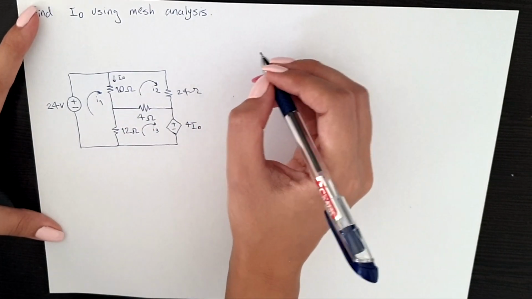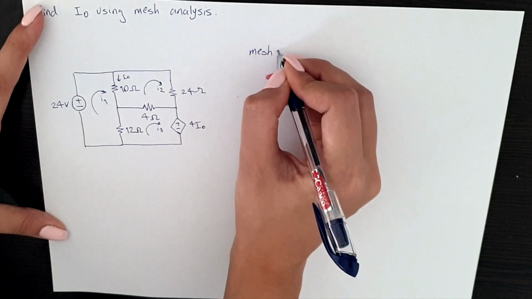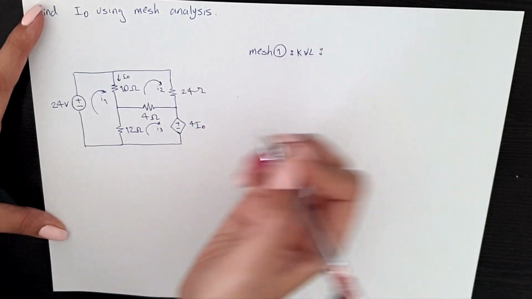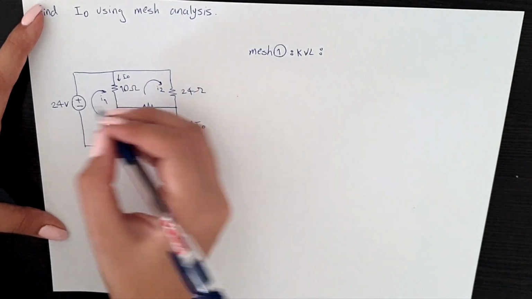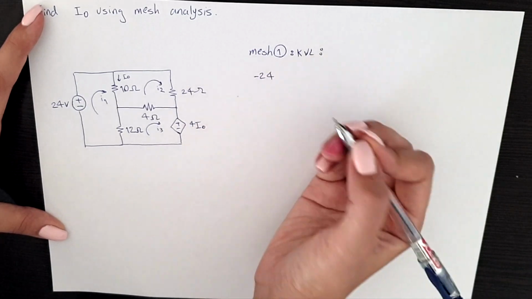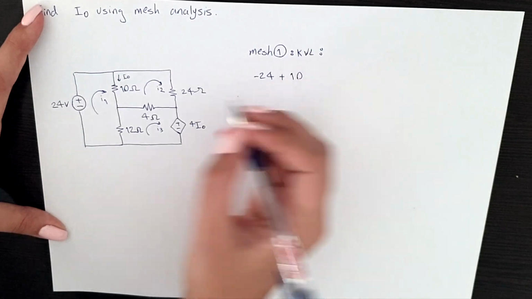So here we say in mesh 1, our current one, if we write the KVL equations, we start from here: minus 24, because we're entering from the minus side, so minus 24 volts, plus 10 multiplied by the current here.